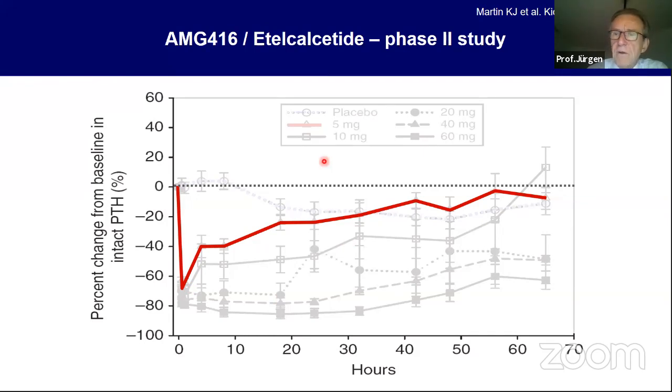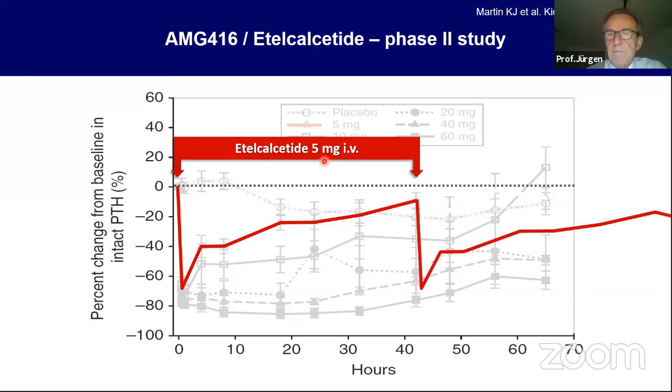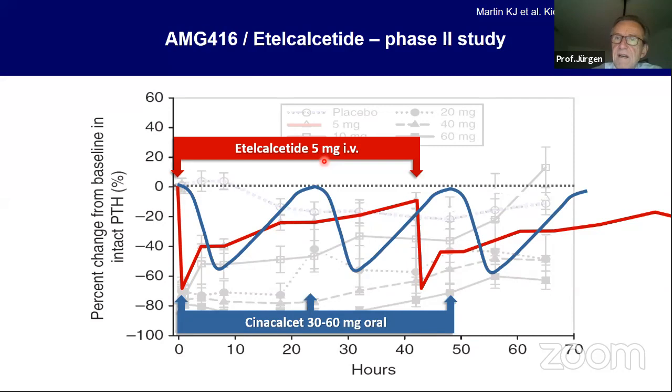And it would go on then. So this would happen if you repeatedly at every dialysis session inject 5 milligrams of etelcalcetide. This would happen to the PTH. Now let's have a look at cinacalcet. This is what cinacalcet would look like. You take a pill of cinacalcet, it drops, not as much as with etelcalcetide, goes up again, you take the next pill the next day, it drops, take the next pill, it drops.